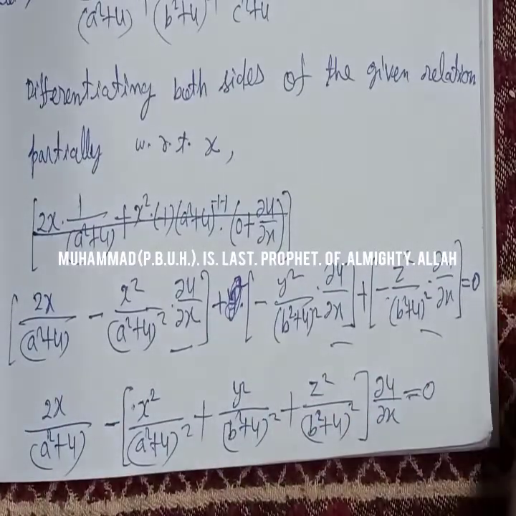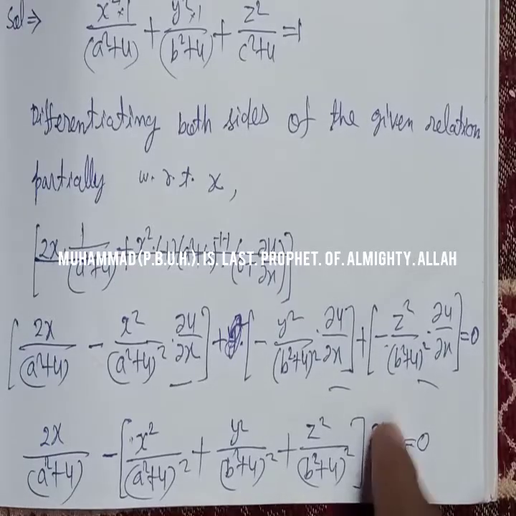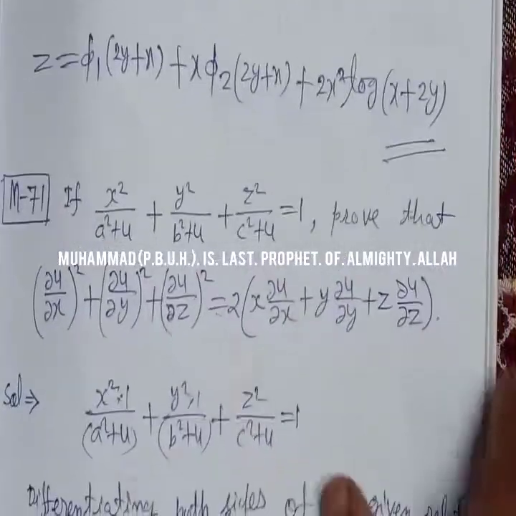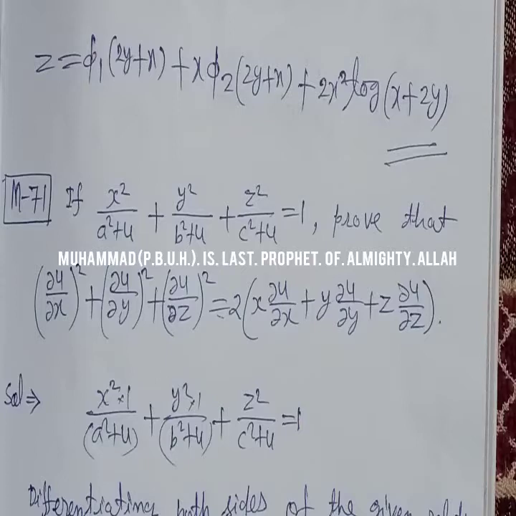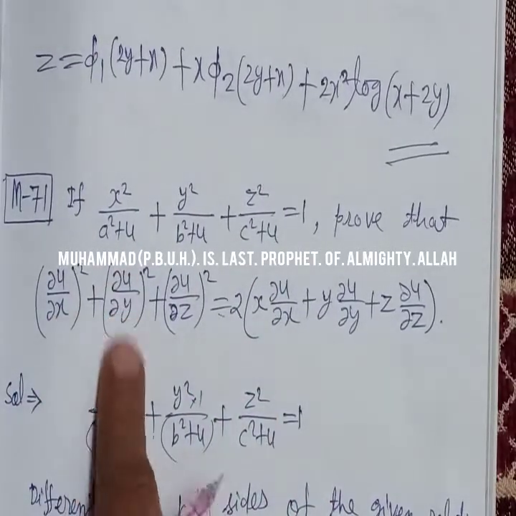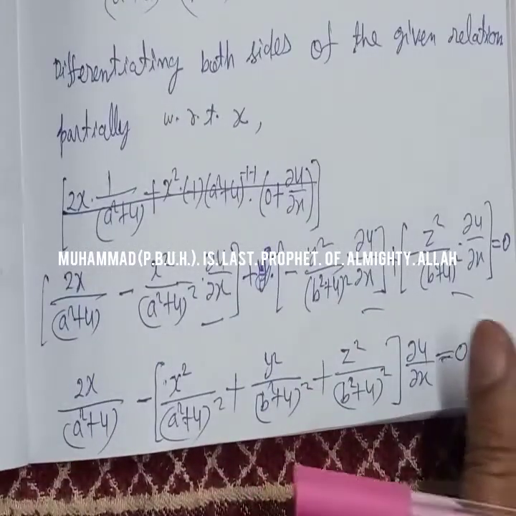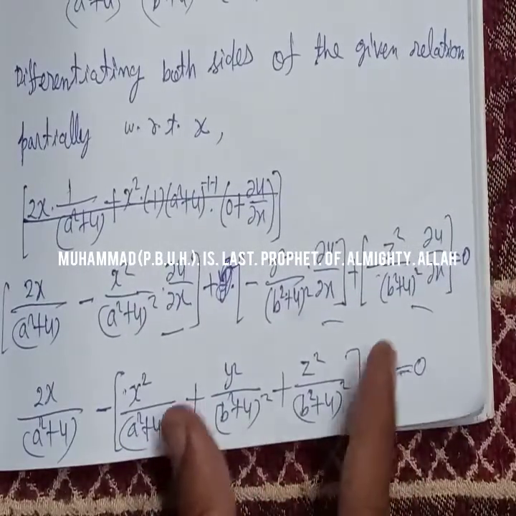I now want the value of del u over del x because in proving this relation it is necessary, because it will be used two times here, and similarly del u over del y and del u over del z. But first we want to find the value of this, so I transport it to the right hand side.